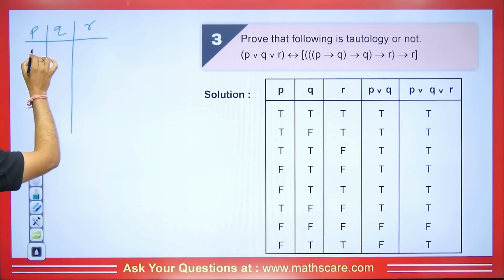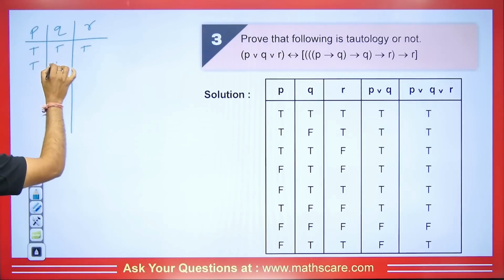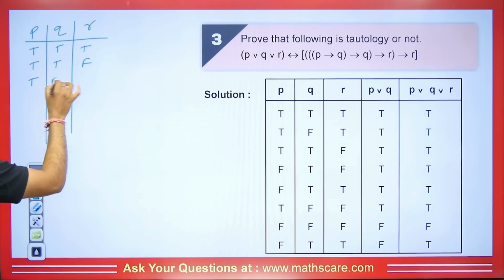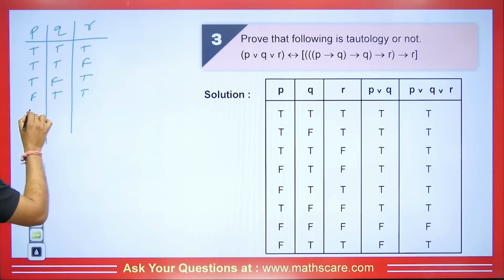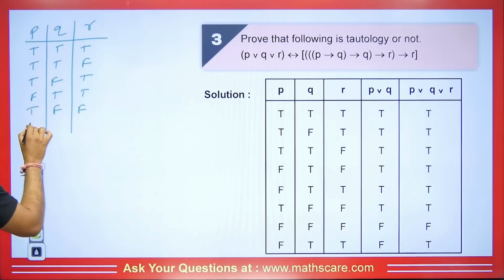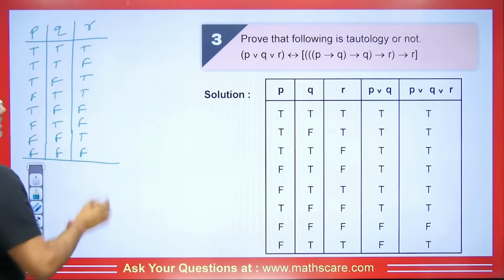Please pay attention how we will do it. So let's take true, true, true, right? And then we have true, true, false. Then we will take true, false, true here. Then students, here we will have false, true, true, then true, false, false. Then false, true, false, then false, false, true. Then here we will have false, false, and false. Clear? So we will get this.